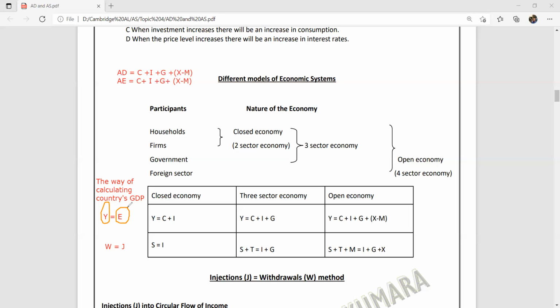Equilibrium means a particular place where total output is equal to total expenditure. So in a three sector economy, in addition G, under the withdrawal equals injection method, tax is a withdrawal.